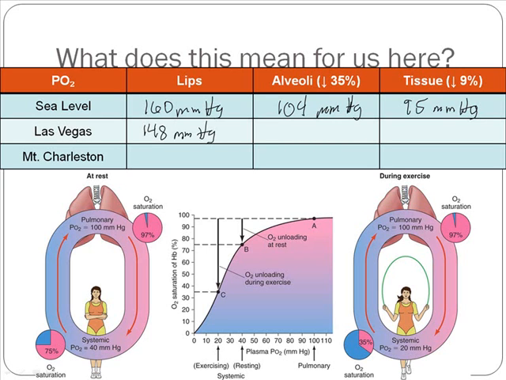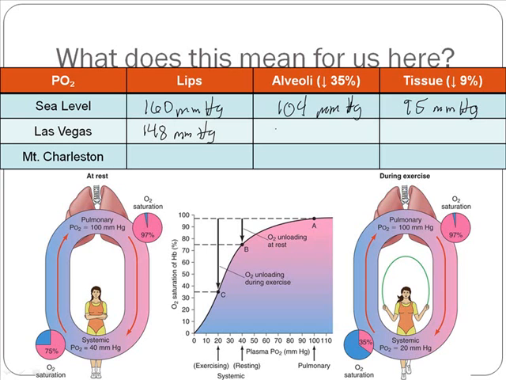Now, if you decrease the pressure of oxygen at the lips, you're also going to decrease the pressure of oxygen at the alveolar level as well as the tissue level. In general terms, in the alveoli you lose about 30 to 35% of your pressure of oxygen.